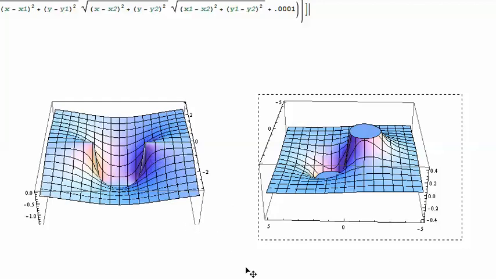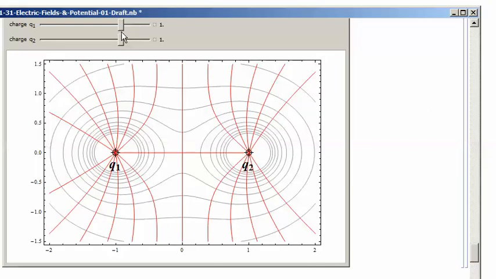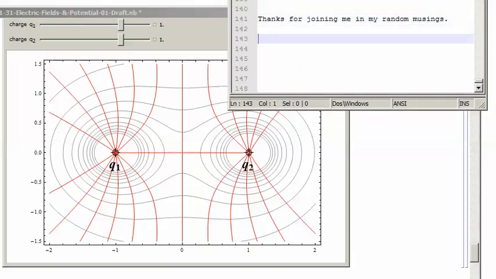And it seems amazing, but you need to use that fact to get this nice, simple appearing electric field line plot. Well, thanks for joining me in my random musings.